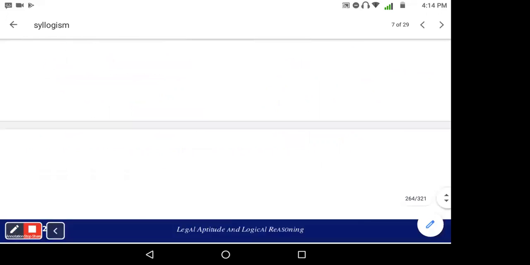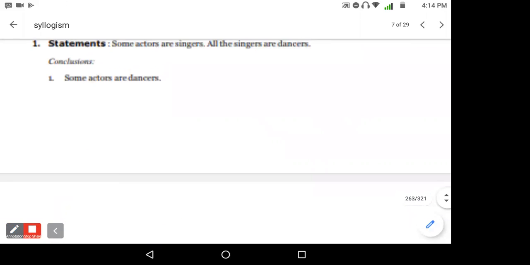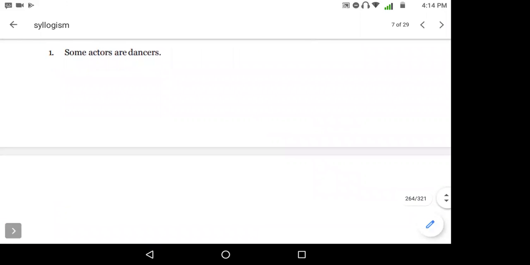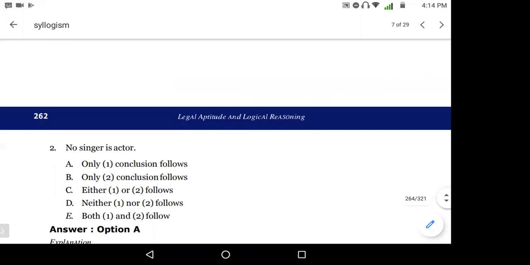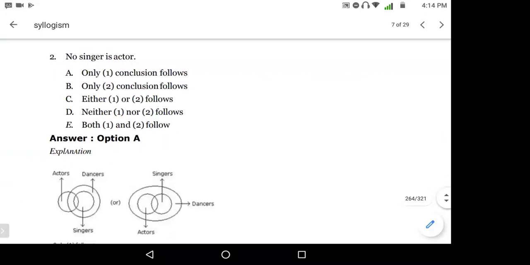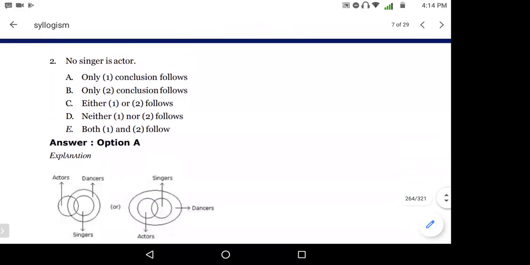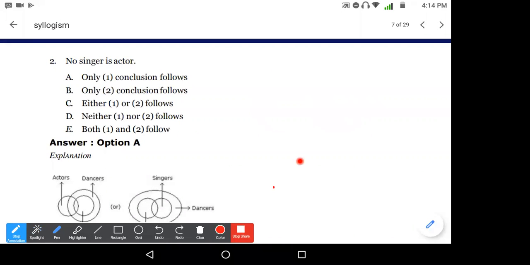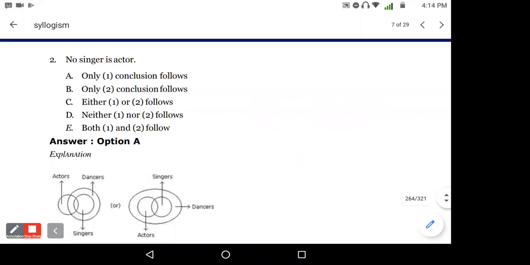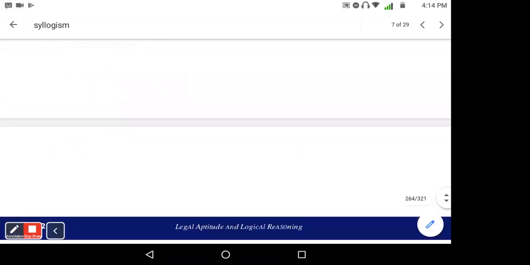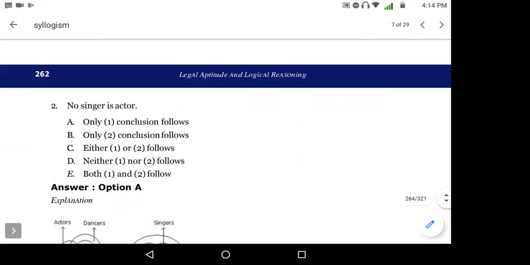Correct? That is your first one. Now the second one, no singer is an actor. We can use such Venn diagrams which will be easily used to solve the problem. So the first option is some actors are dancers. I'll write it down here.